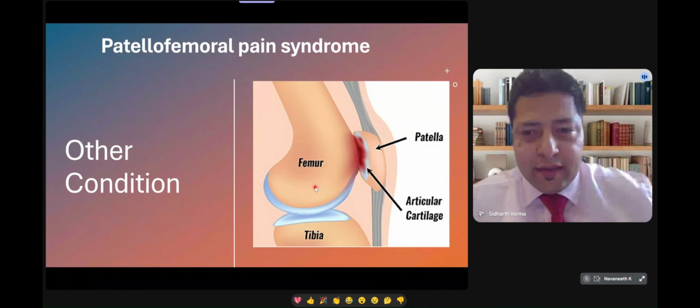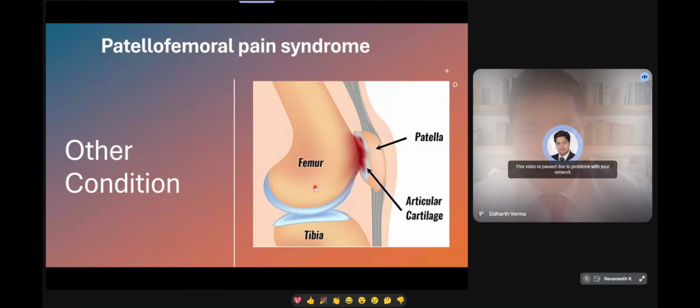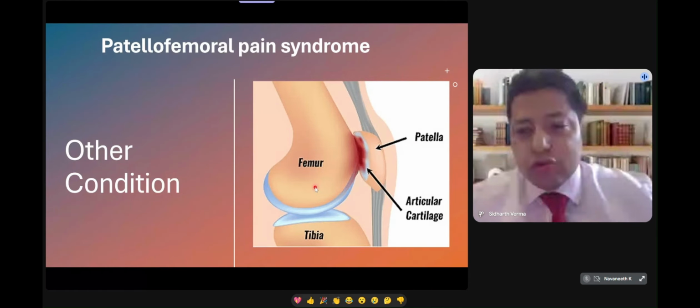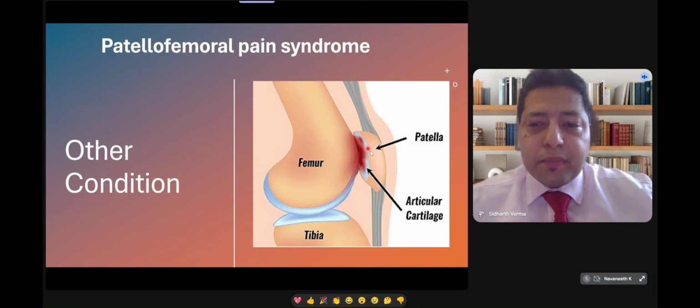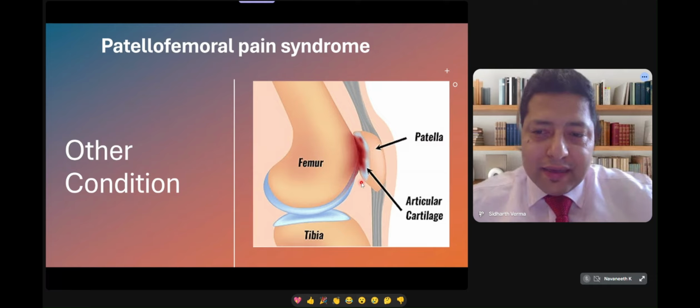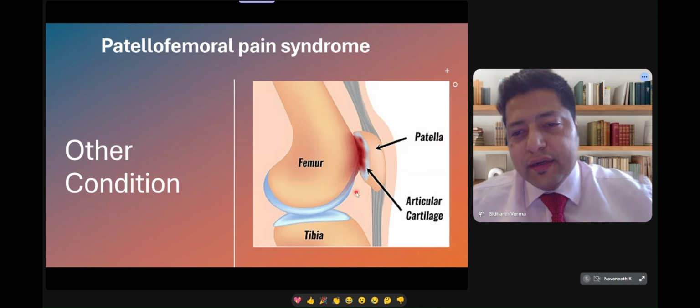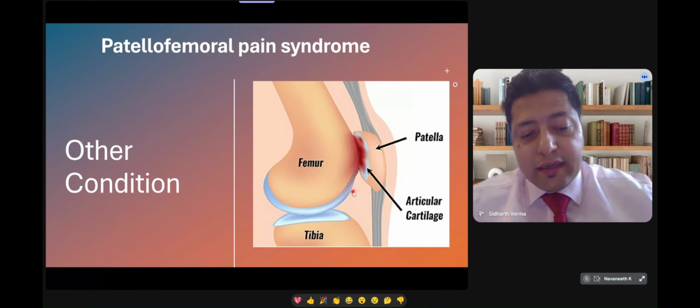Now there are young people who can be affected with something known as patellofemoral pain syndrome. You'll be surprised that this can even happen to young patients, and they will have either a punch lesion or an arthritic patch, which will be concentrated here, and this will result in patellar pain.